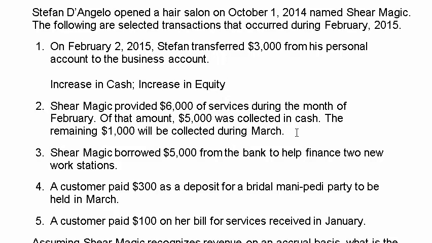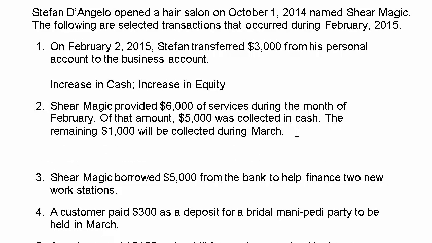So let's look at transaction 2. Transaction 2 says Sheer Magic provided $6,000 of services during the month of February, and $5,000 of that amount was collected in cash. The remaining will be collected in March. Well, revenue recognition tells us that we record revenue when it is earned, not necessarily when cash is received for those services.